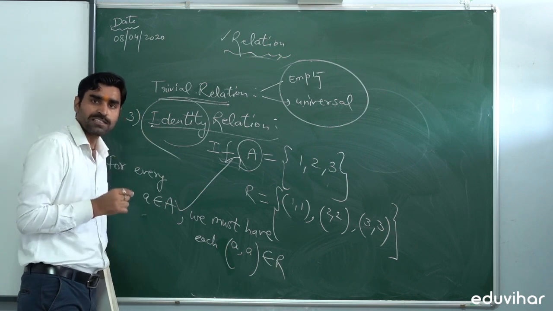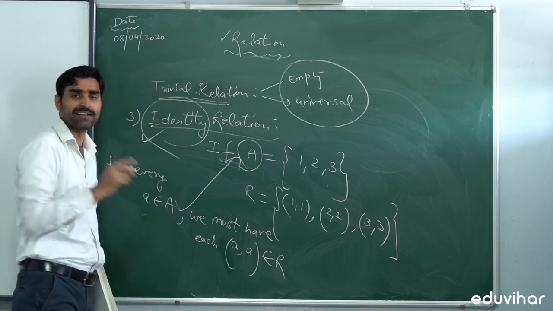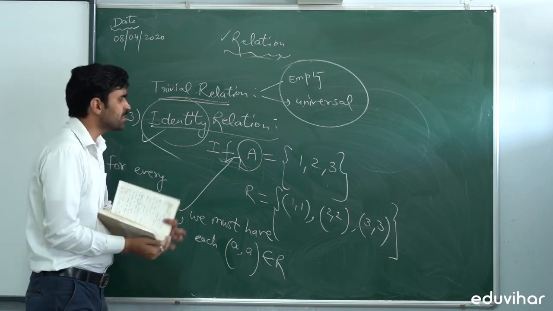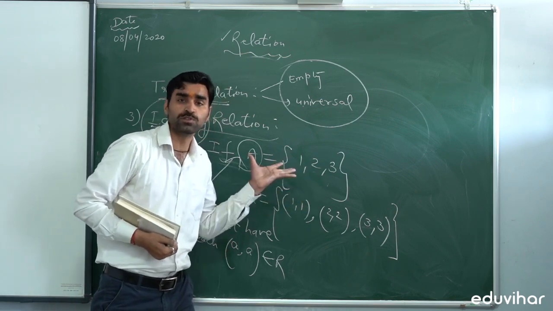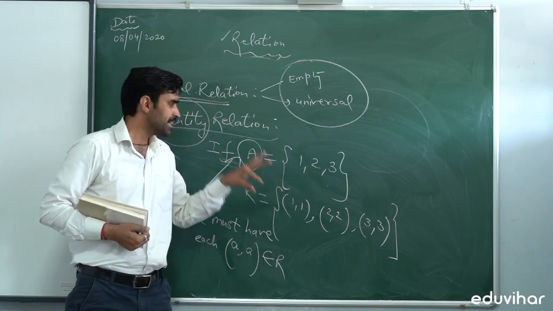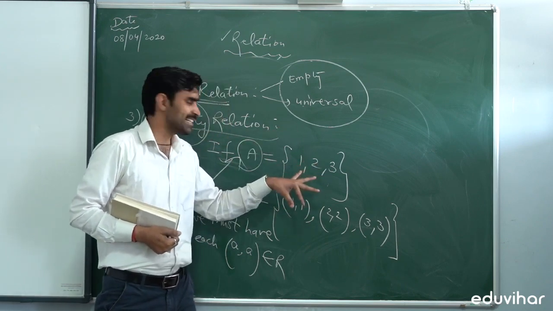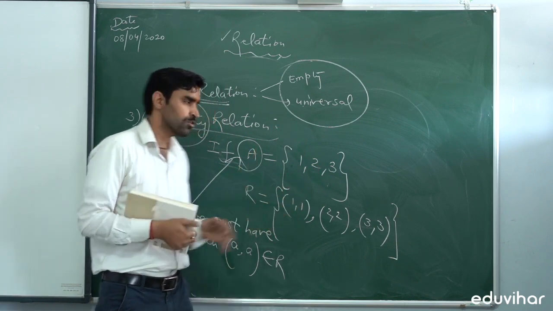If this is so, then this type of relation must be an identity relation. That is, we must not have ordered pairs like 1,2 or 2,3. It must have 1,1, 2,2 and 3,3. That is, domain and range must be the same. Okay.